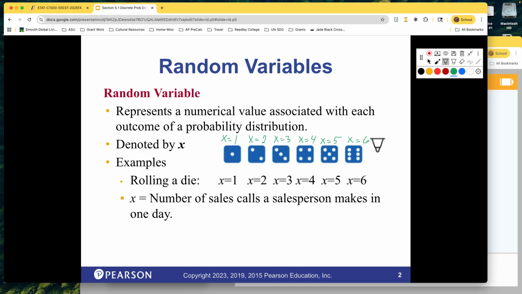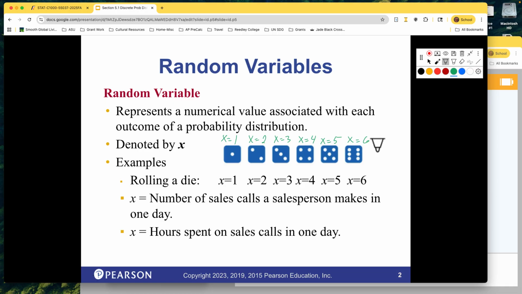We can make x stand for anything. We could do it rolling a dice, or the number of sales calls a person makes in a day. To be a successful phone salesperson, you've got to make a lot of calls. But that could be the random variable: how many calls did you make? Or it could be the hours spent on sales calls in one day. So that's the important part: what are we going to call x?